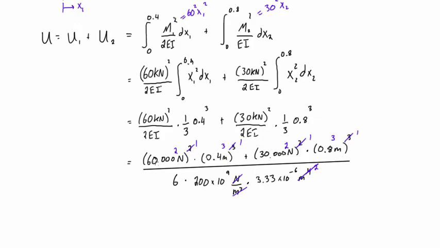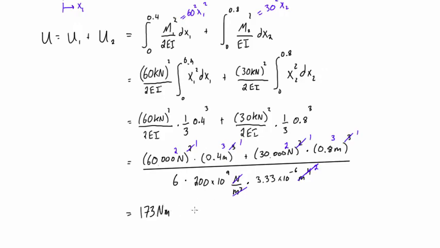All right, so what we're going to have is 60,000 squared times 0.4 cubed plus 30,000 squared times 0.8 cubed, divided by all this stuff, 6 times 200 times 10 to the 9 times 3.33 times 10 to the negative 6. Our final answer will be in newton meters, and when you put that in your calculator, it's going to spit out this number of 173 newton meters.